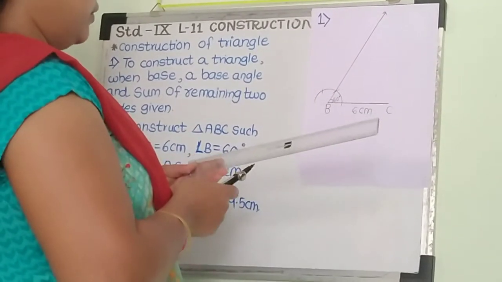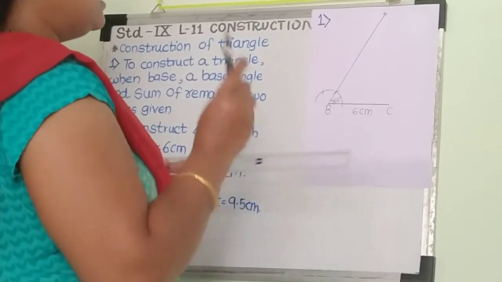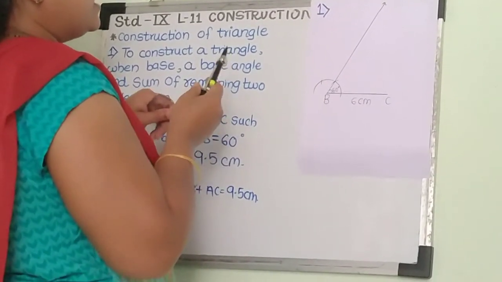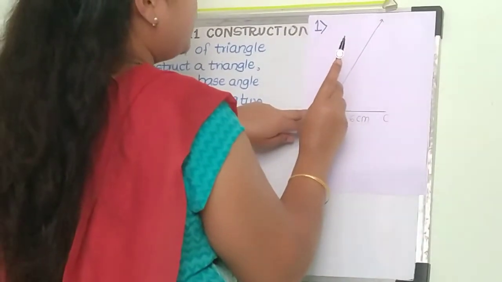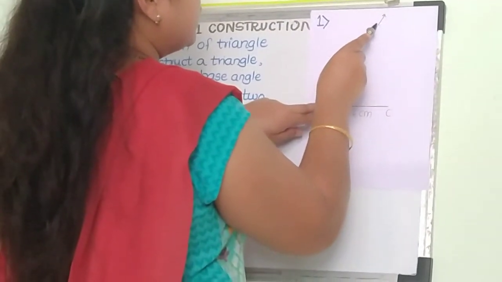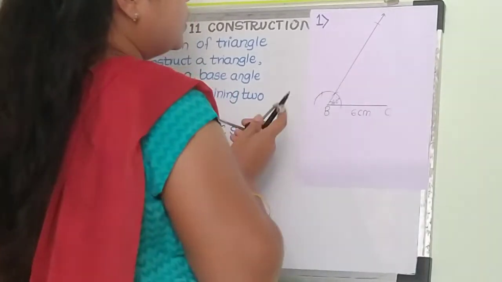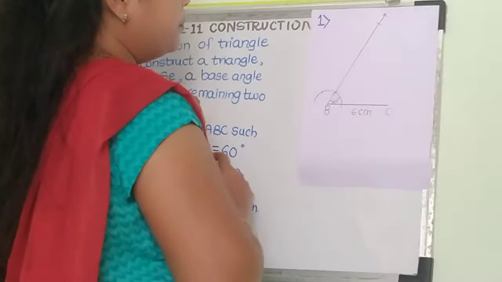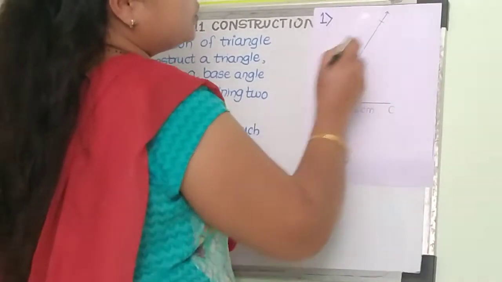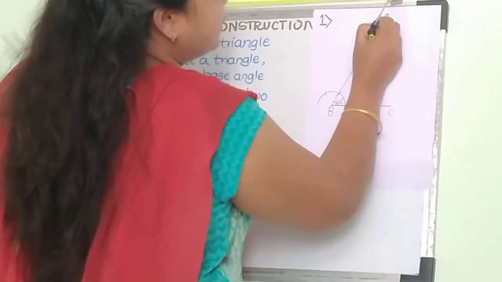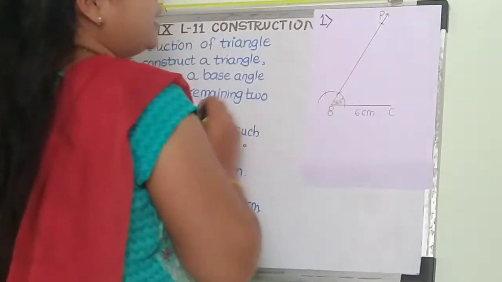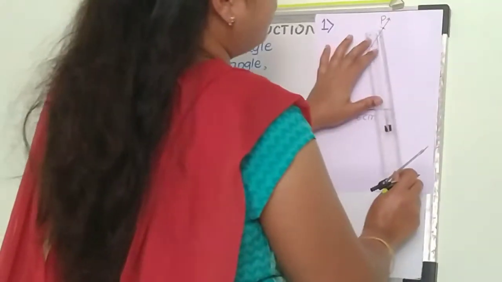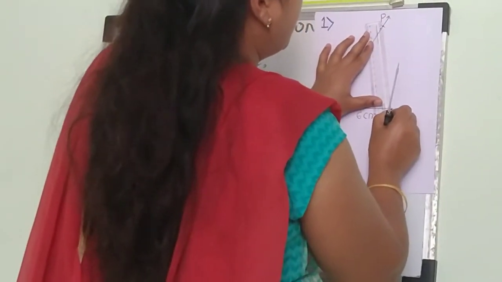So I take the distance of 9.5 centimeters in my compass and mark the arc on the arm of this 60 degree angle. Here I get the point P where I marked it. Then we have to join point P and C.